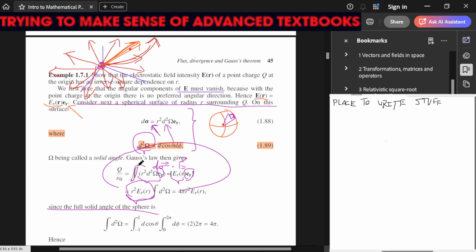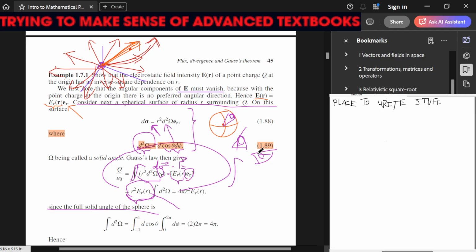Oh, we're integrating over d phi d theta. I think d phi is up and theta is across or something.